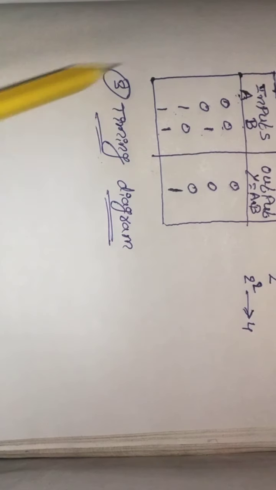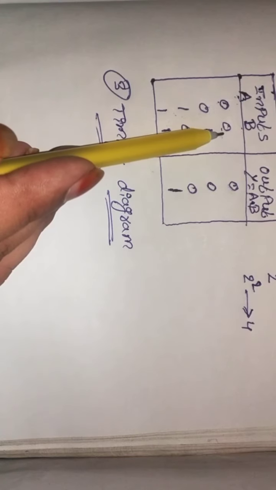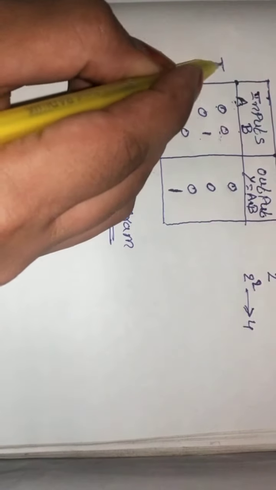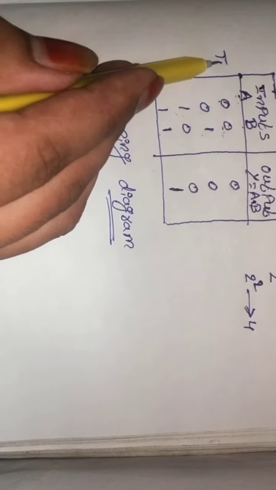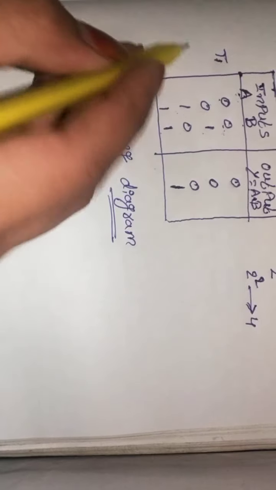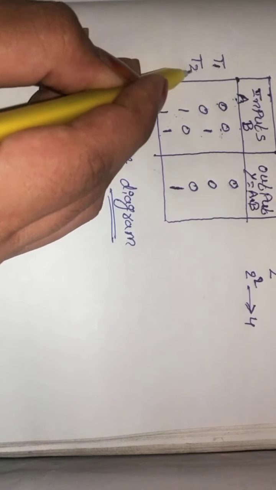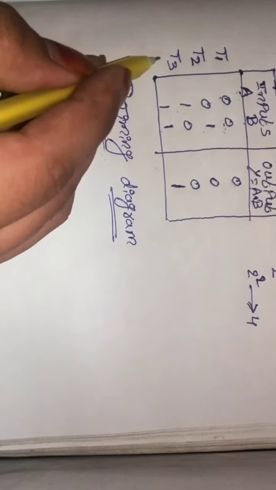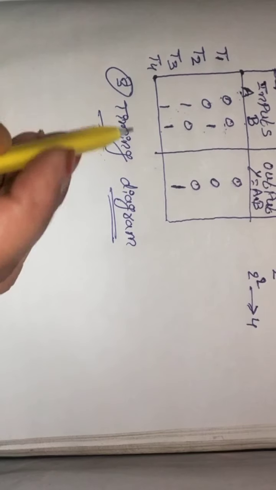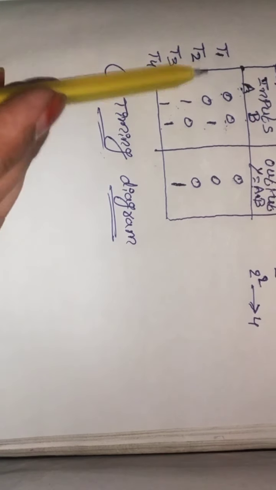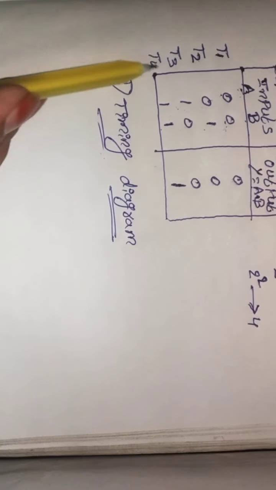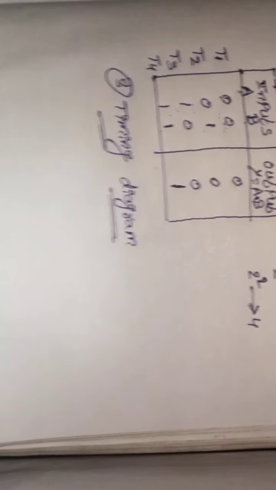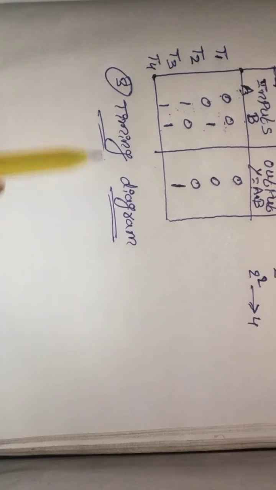For example, 0 0 is taken the first time t1, and 0 1 takes t2 time, 1 0 takes t3 time, 1 1 takes t4 time. So 4 different times are taken for the 4 combinations. That's why we take the timing diagram.